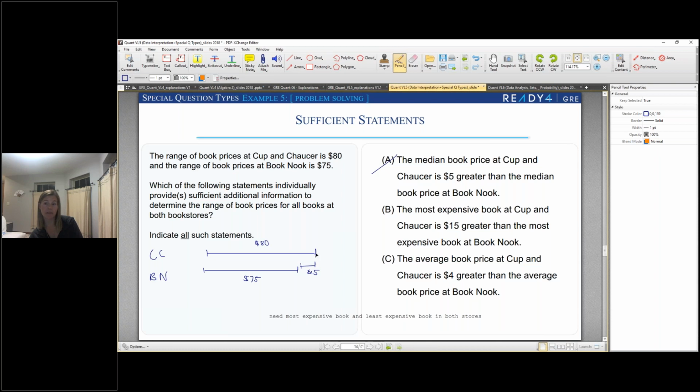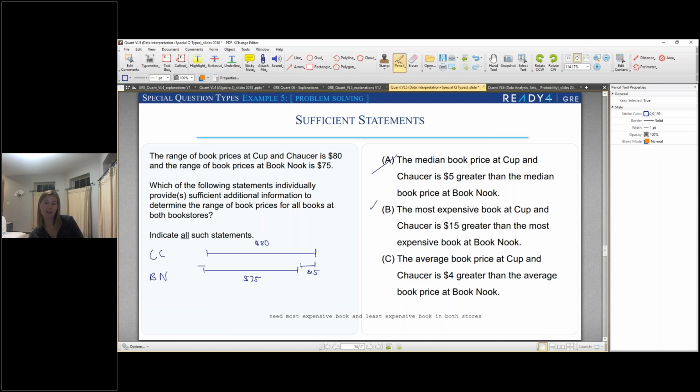Because if we know there's a $15 gap between the two of them, then there's another 60, then the 75 extends all the way down here. Okay, so this actually would be enough range to tell us. Because they're not fully overlapping, they're $15 offset from each other. So the 75 would actually stick out $10 more down here. Okay, so that one probably is enough.